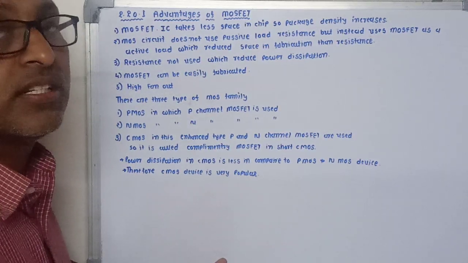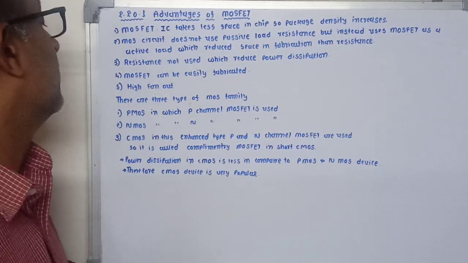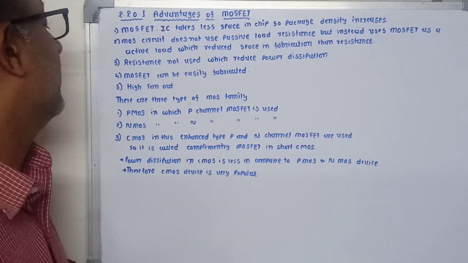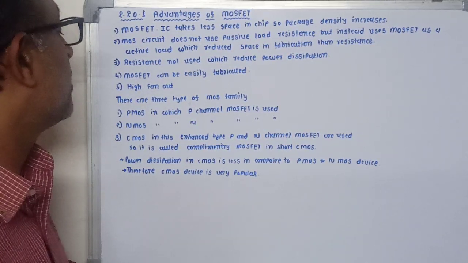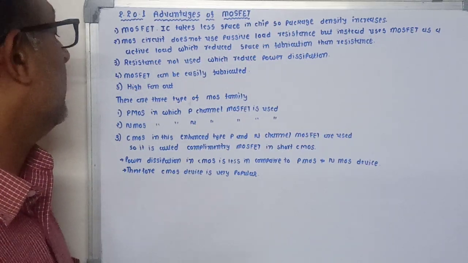Third, the resistance is not used, which reduces the power dissipation. Fourth, the MOSFET can be easily fabricated. And fifth, and most important, high fan out. This is the most important advantage.